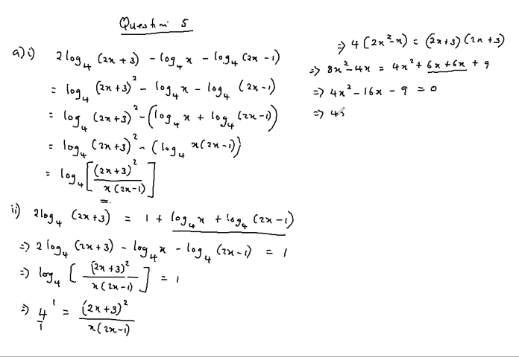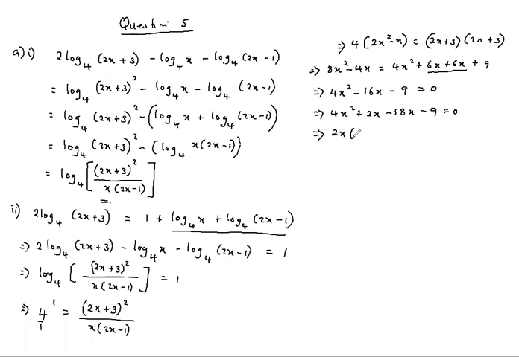That will be 4x squared plus 2x minus 18x minus 9 is 0. You should be very quick to find those two numbers there.